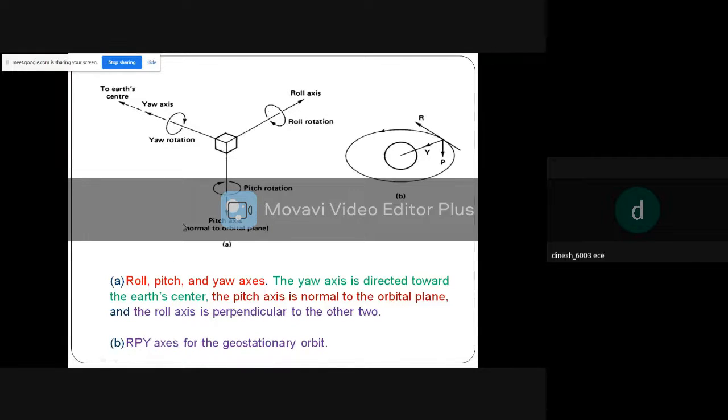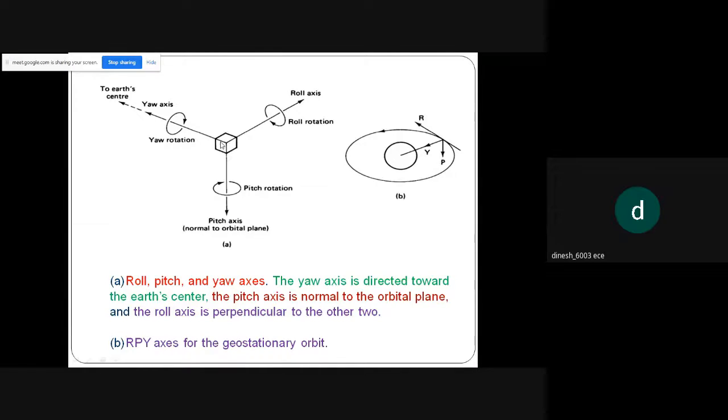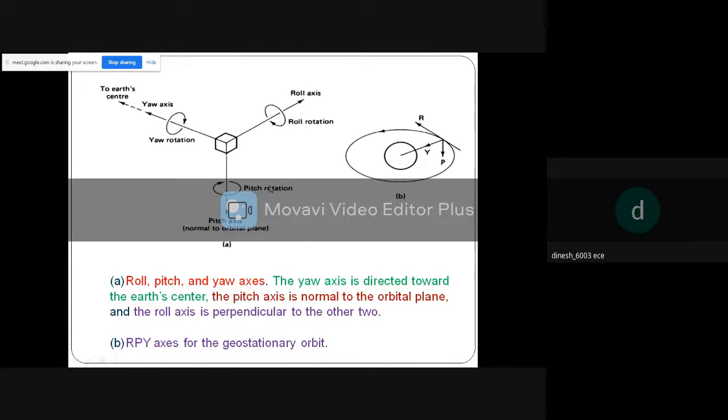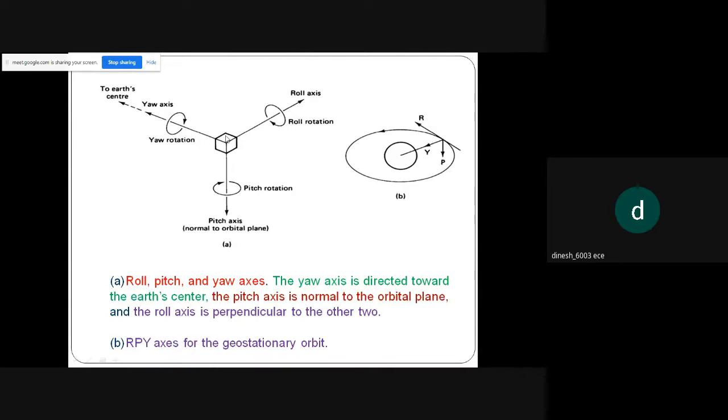So this center box is your satellite. If there is any deviation in the yaw axis, it will tend to rotate. In the roll direction, it will tend to rotate. In the pitch direction, it will tend to rotate. So if there is any deviation, an appropriate torque will be given in opposition to that in order to restore its normal stabilizing functions.